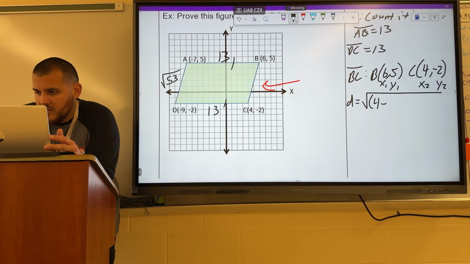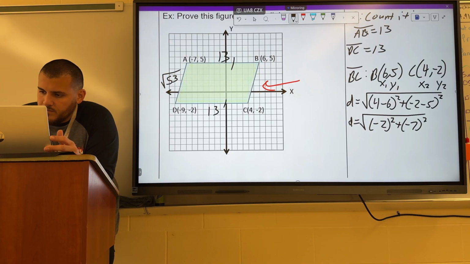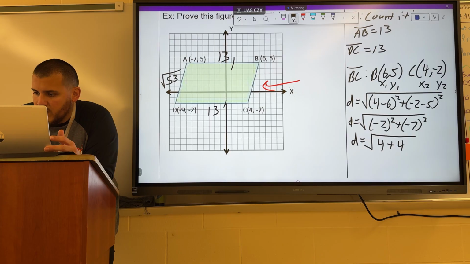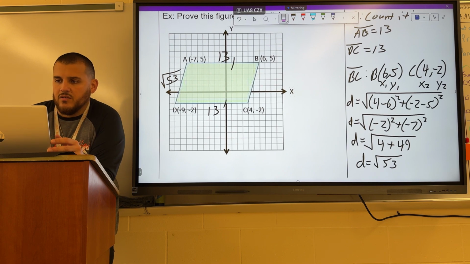x2, 4 minus x1, 6 squared, plus y2, -2 minus y1, +5 squared. Then we're doing parentheses. 4 minus 6 gives me -2. -2 minus 5 gives me -7. Now I'm squaring. -2 squared is 4, -7 squared is 49. And then when I add those together, I again get the square root of 53.